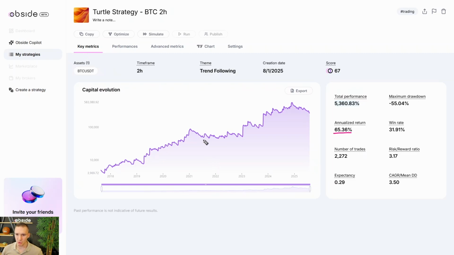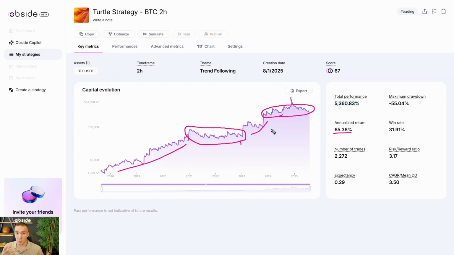Though the strategy has struggled for some time, as we can see here, between 2021 and 2023, it had a rough patch because it was flat for almost 2 years. And more recently, it's also been struggling from 2024 up until now, because though it had its recent high here at the beginning of the year, it's going quite horizontal there. But it's been able to ride most of the trends on Bitcoin pretty well.